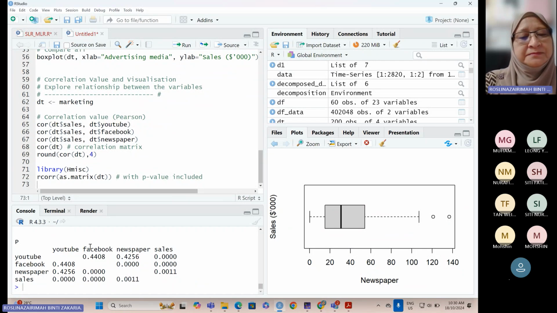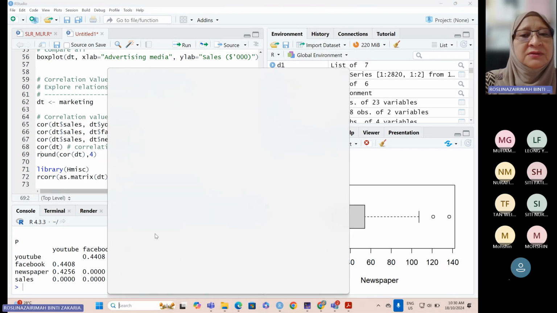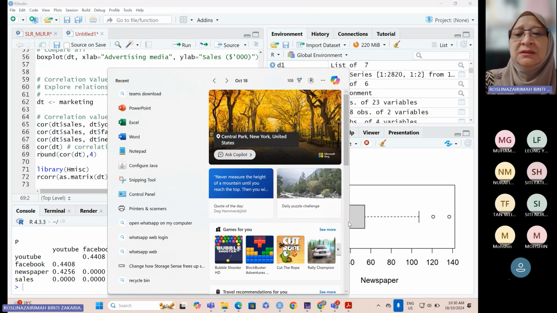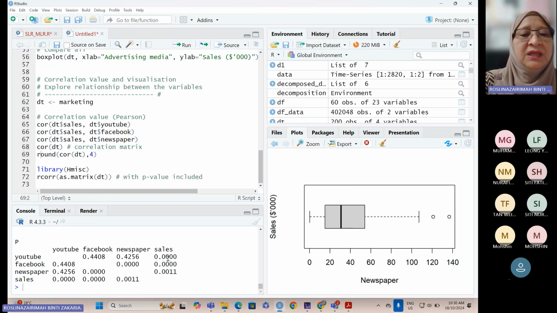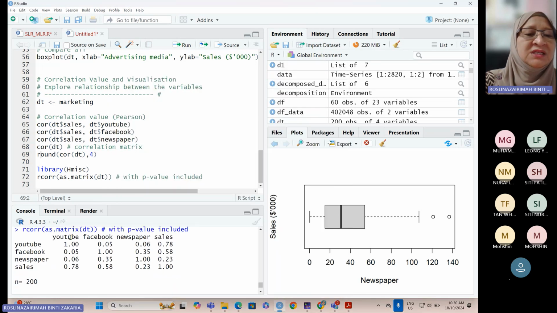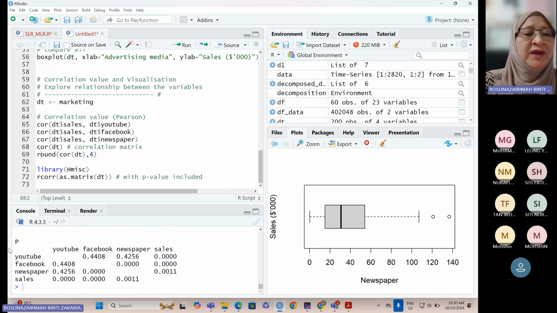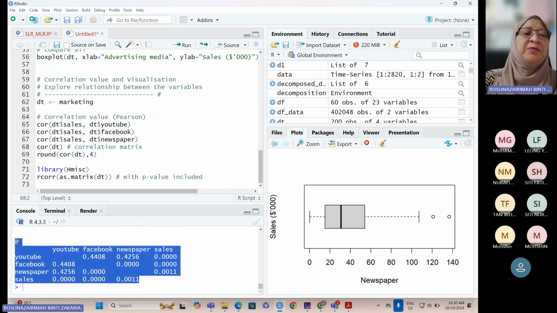So this is an interesting function. The rcorr function gives you not only the correlation matrix but also the p-value, the significance test for correlation, the hypothesis testing for the correlation.